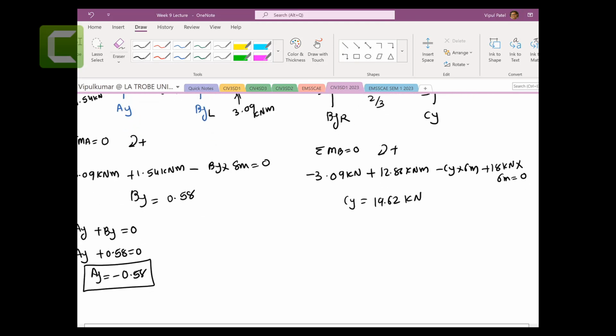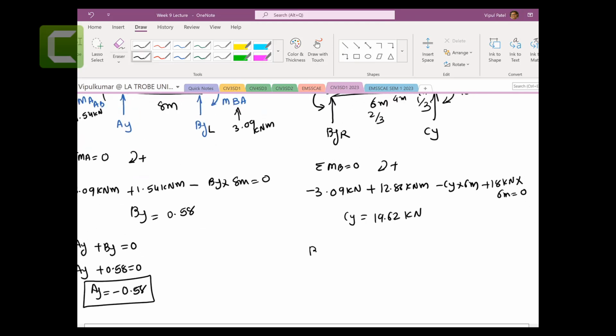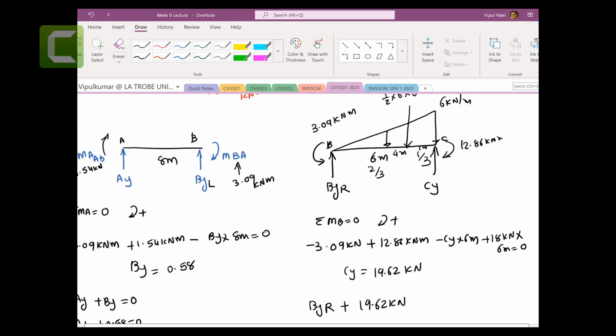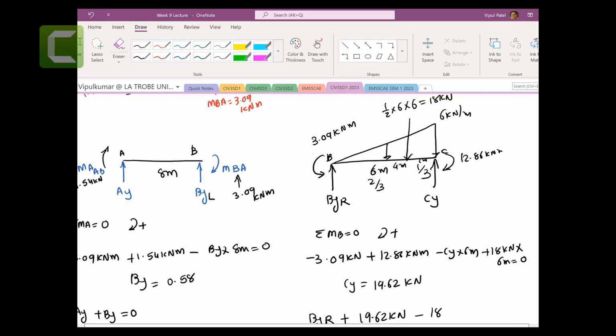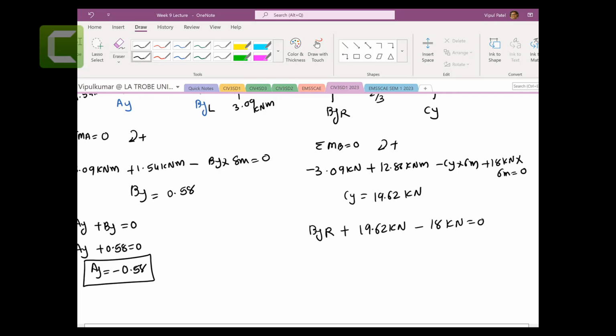Anyway, that's all good. So BYR going up plus CY also going up, which is 19.62 kilonewtons, and then coming down minus 18 kilonewtons equals 0. So BYR equals 19.62 minus 18, so 1.62, bring it across, minus 1.62 kilonewtons.